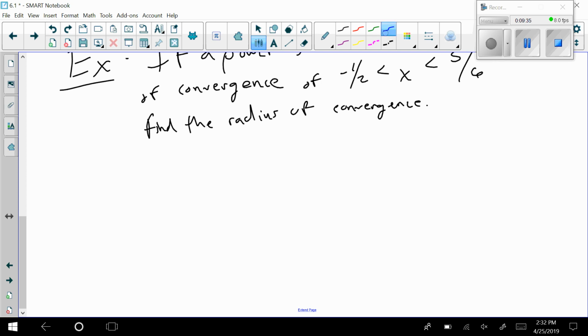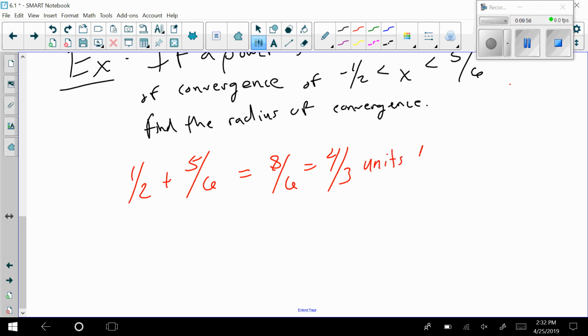Well, again, this math should be very straightforward. Because -1/2 is on the negative side, I need to take 1/2 plus 5/6 to get the length of the interval. That should be 8/6, which of course is 4/3. So it's 4/3 units long or wide.